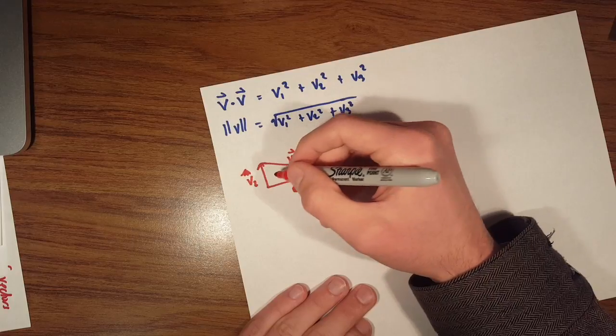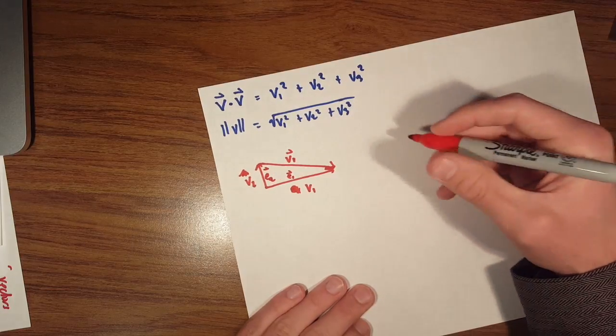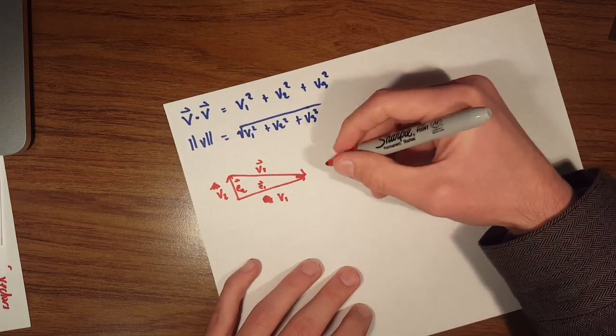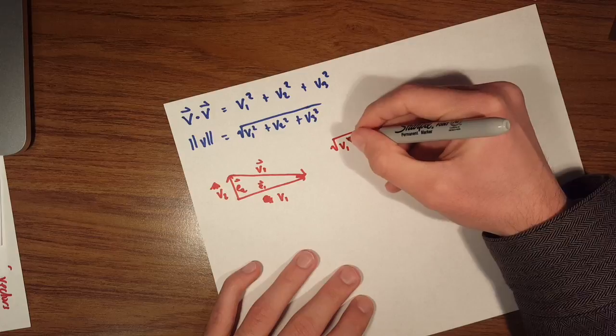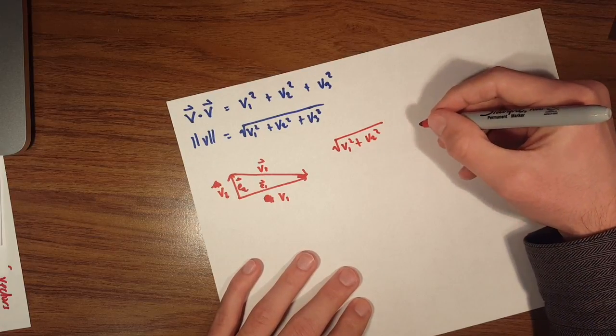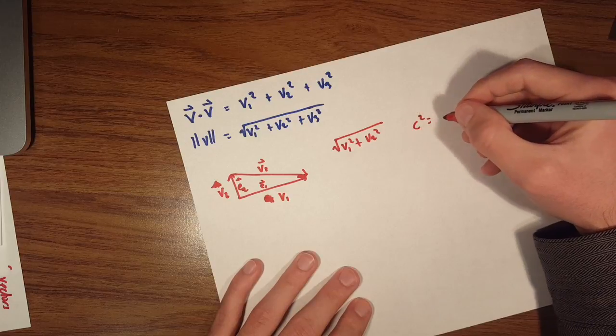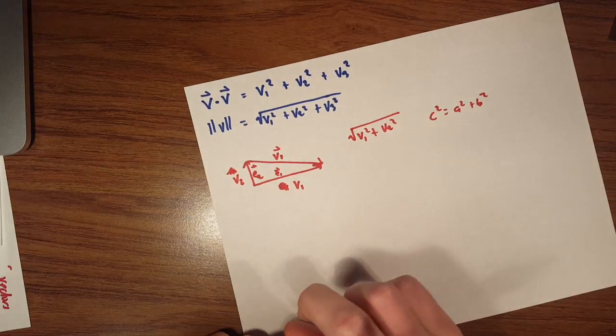These are the components times E2 and E1. Then the length of the hypotenuse of this triangle is going to be square root of v1 squared plus v2 squared, which is saying that c squared equals a squared plus b squared, right? Okay.